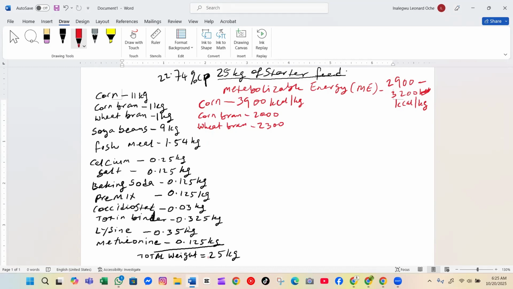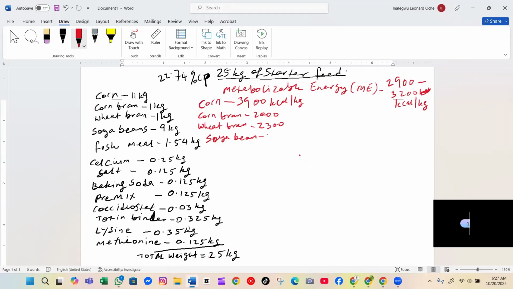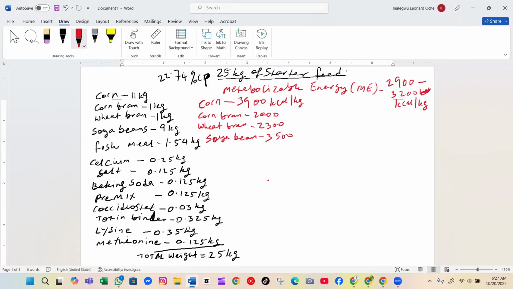That's because the oil in soya meal has been extracted, and you know oil is a major source of energy, but the full fat soya beans still contains the oil, so it has a higher metabolizable energy. Okay, so the soya beans has a metabolizable energy of 3,500 kilocalorie per kg. Okay, so the next is our fish meal.